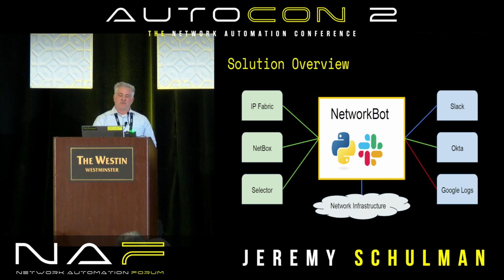You can see the networking systems that we integrate are on the left. And then on the right, obviously we talk to Slack because that's the way things happen. We use Okta to do fine-grained role-based access controls. When you have an app in Slack, by definition, anybody can use it. But you don't want just anybody in your organization bouncing a port.